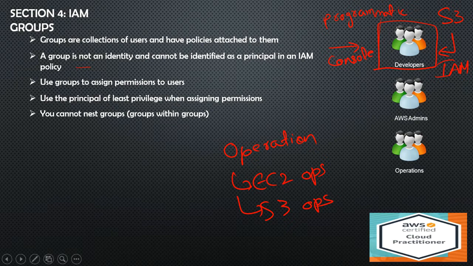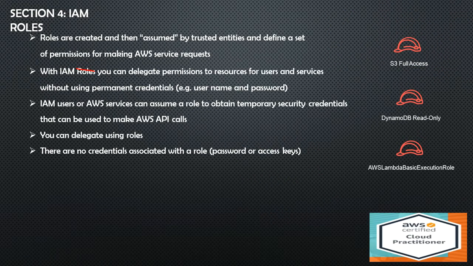Okay, let's move on to the next slide then. So you have the IAM roles here. So that is the next part. So you can assign the roles to a certain service.